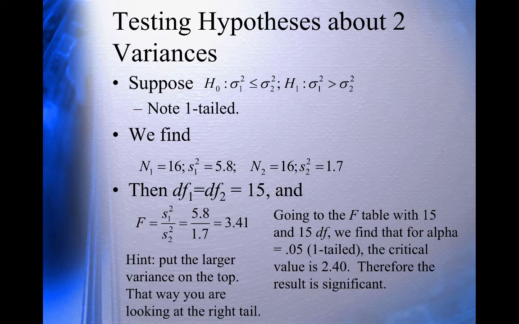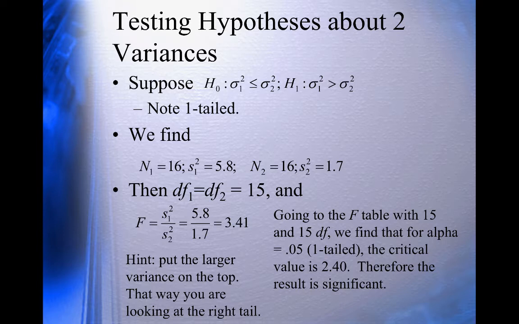So we want to compare that obtained F to the critical value of F, which is that 95th percentile. And if we go to the F table with 15 and 15 degrees of freedom, which was not on the table that I showed you, but if I showed you an expanded table, you could find it.